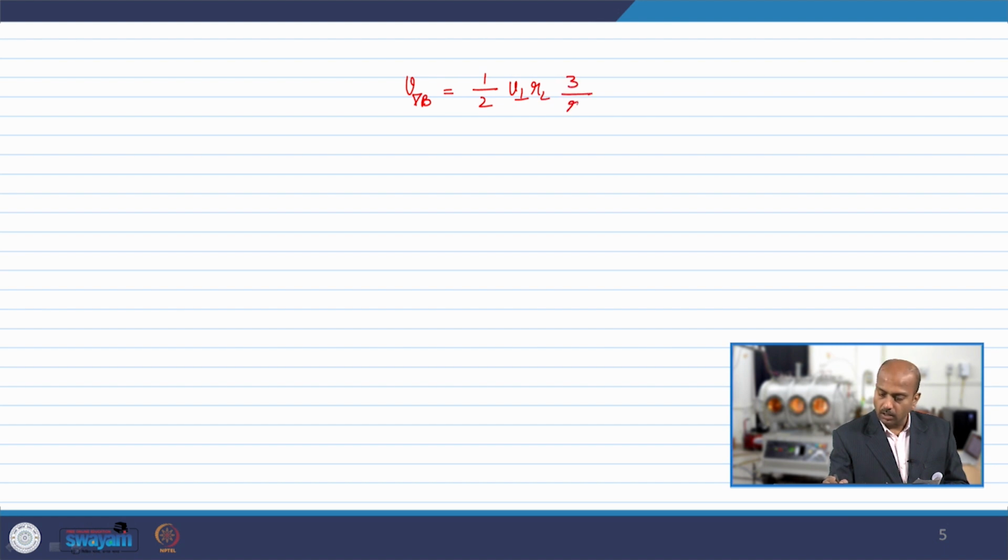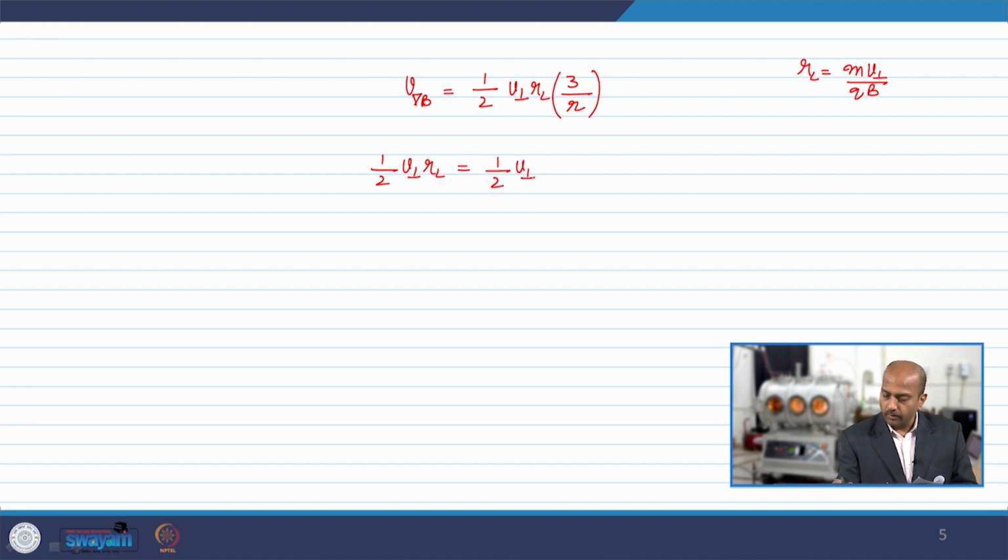into 3 by r, right? Now let us talk about this parameter half v perpendicular RL. So RL is m v perpendicular by qB, right? Half v perpendicular times m v perpendicular by qB, which is half m v perpendicular square by qB.